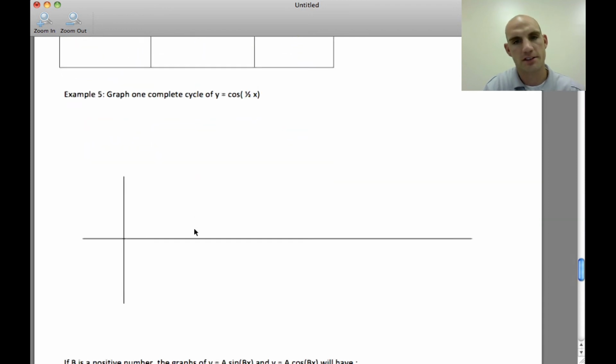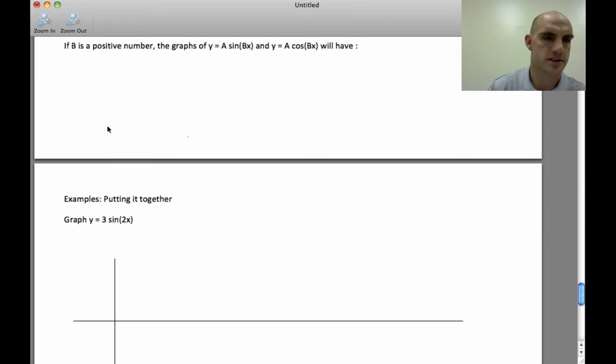Okay? Now let's skip down. So in general, let's look at what this means. So this means that if b is a positive number, the graphs of y equals a sine bx and a cosine bx have an amplitude of the absolute value of a. So that's how high and low.